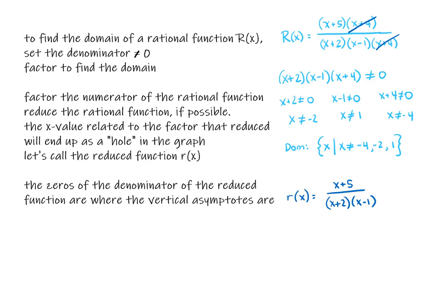It used to be called capital R of x, and I'm calling it little r of x. And in all areas it should look the same as this graph, except I just reduced it. However, this one has a different domain, so we can't call it the same function. But the reason I'm doing this is because I want to find out where the asymptotes are and where the hole is.